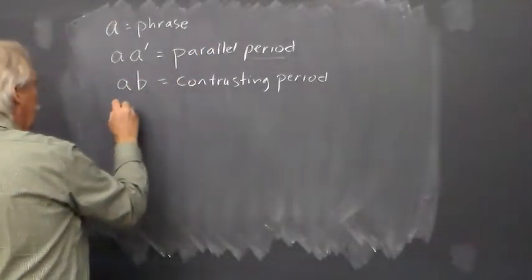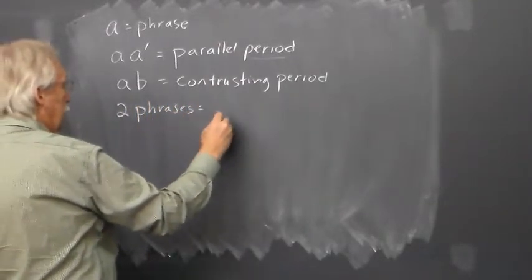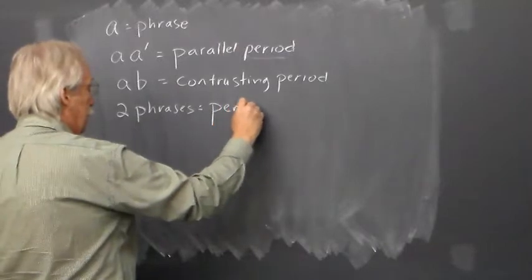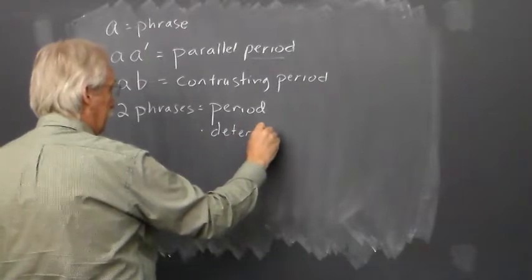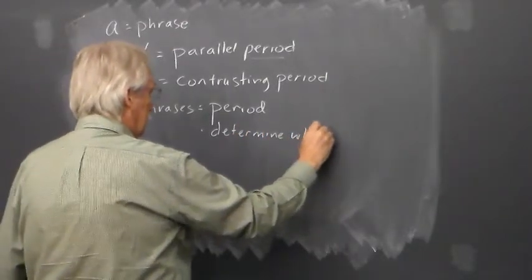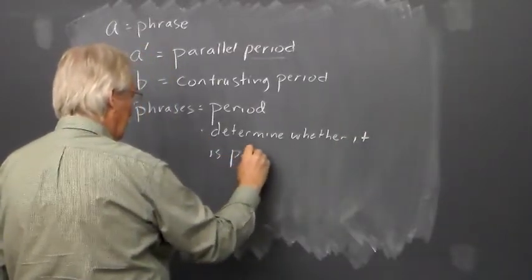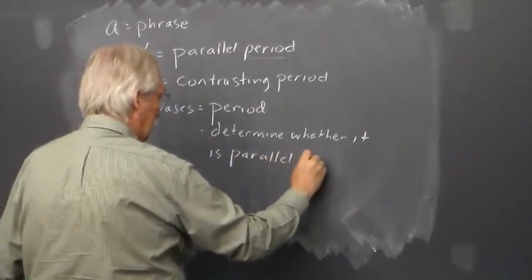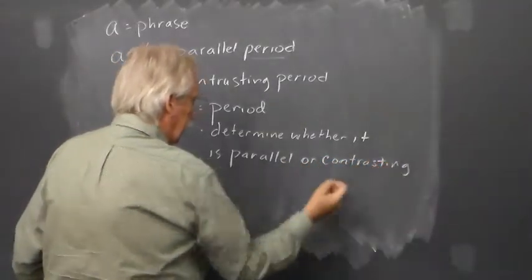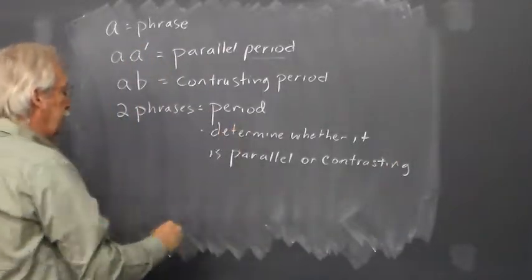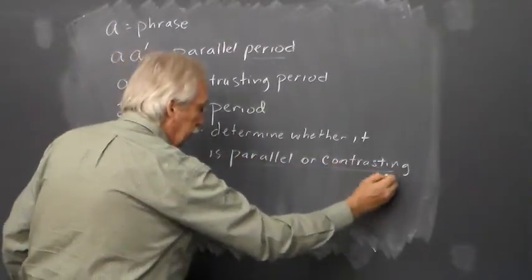Let's just have here our basic terms. So for periods, for two phrases, then you'll use these terms parallel or contrasting.